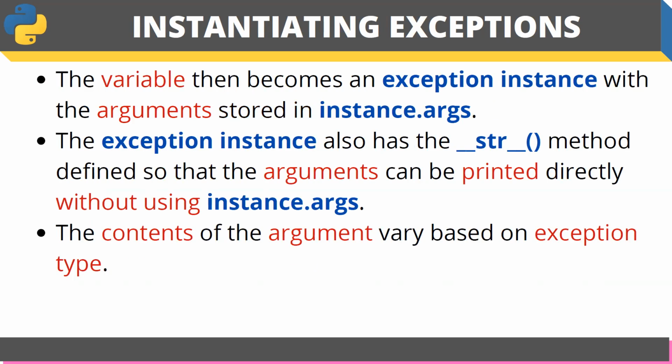The variable then becomes an exception instance with the arguments stored in instance.args. The exception instance also has the string method defined so that the arguments can be printed directly without using instance.args. The contents of the argument vary based on exception type.